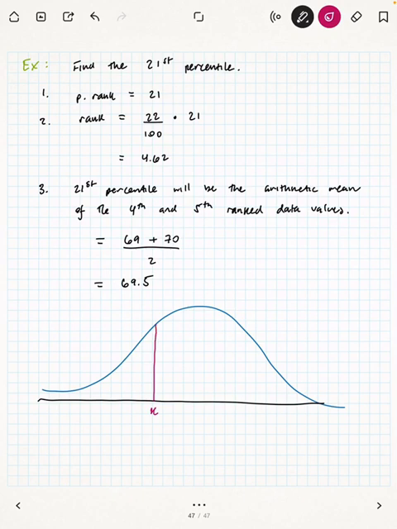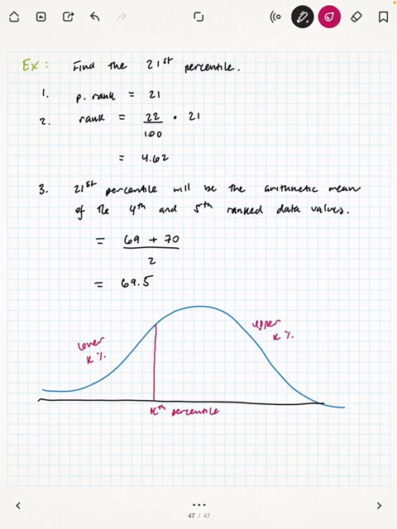What we're saying is the kth percentile splits our distribution into the lower k% and the upper remainder of our distribution. This is a super helpful concept which we'll use time and time again, and we redefine it when we go on to probability.